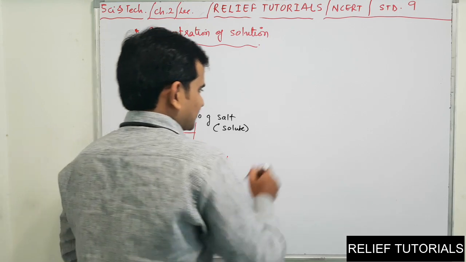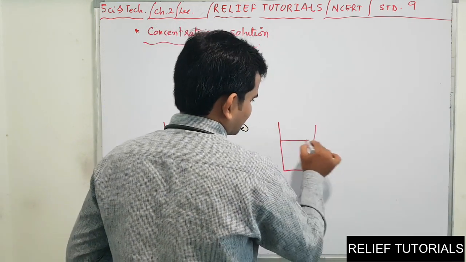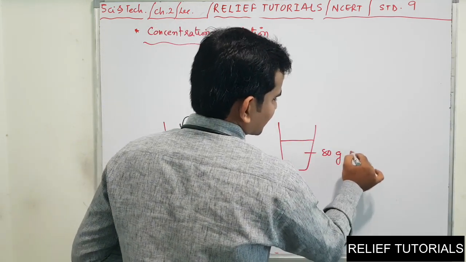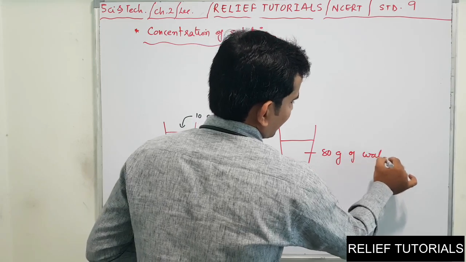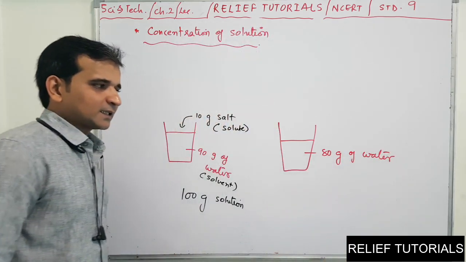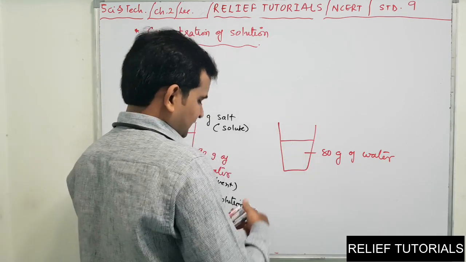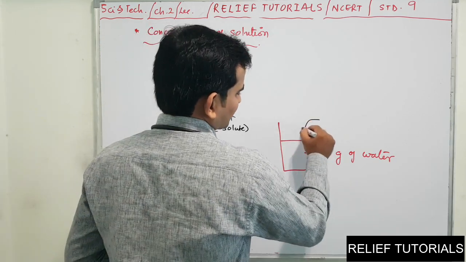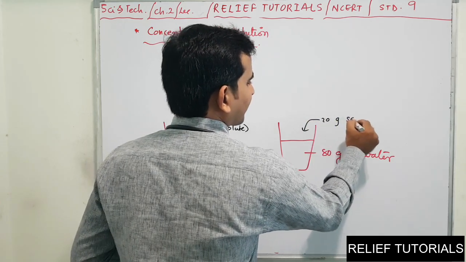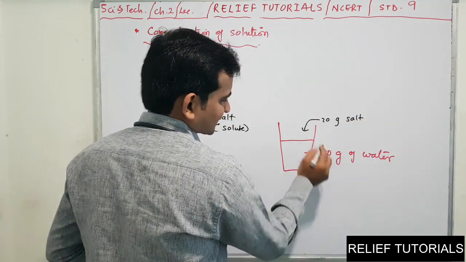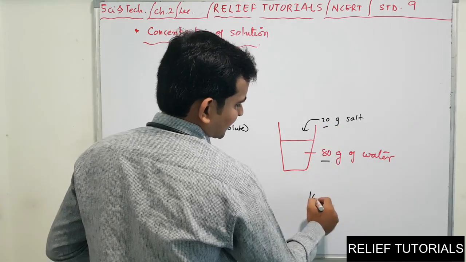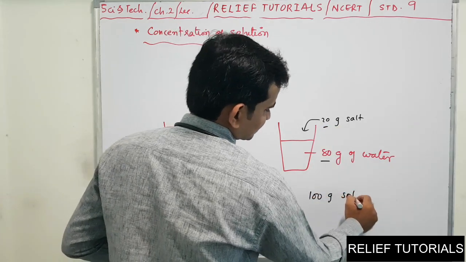Another example. Let us say I have taken 80 gram of water, and I am adding 20 gram of salt. So the total mass again will be 80 plus 20, 100 gram of solution.